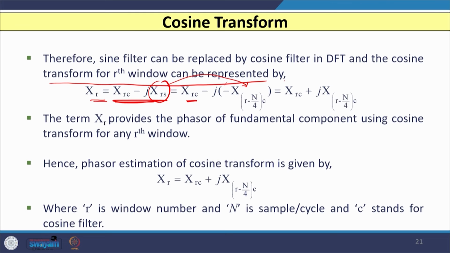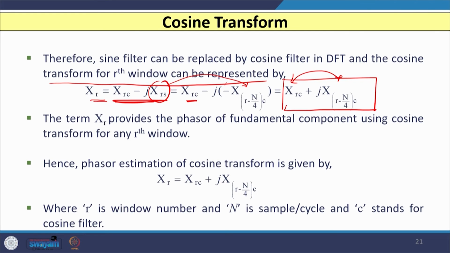So, finally, you will have the equation of XR, that is XRC plus j x r minus n by 4 C. Both these terms you can obtain from the cosine filter only, and there is no need of a sine filter.